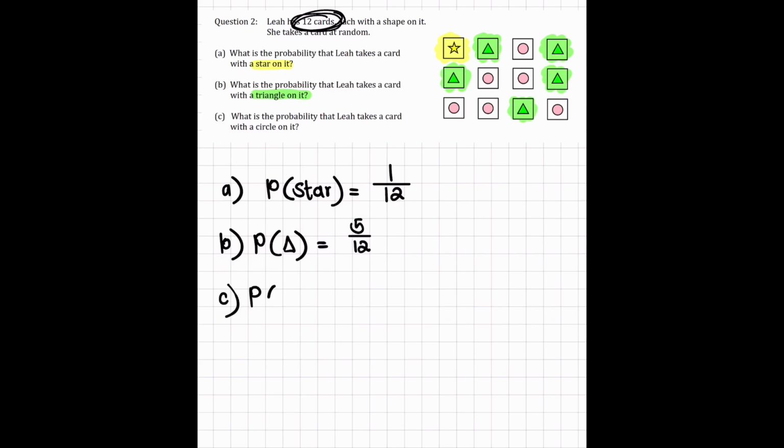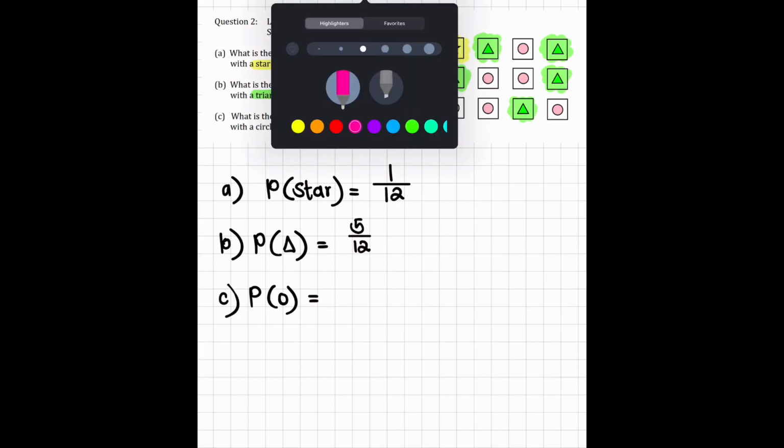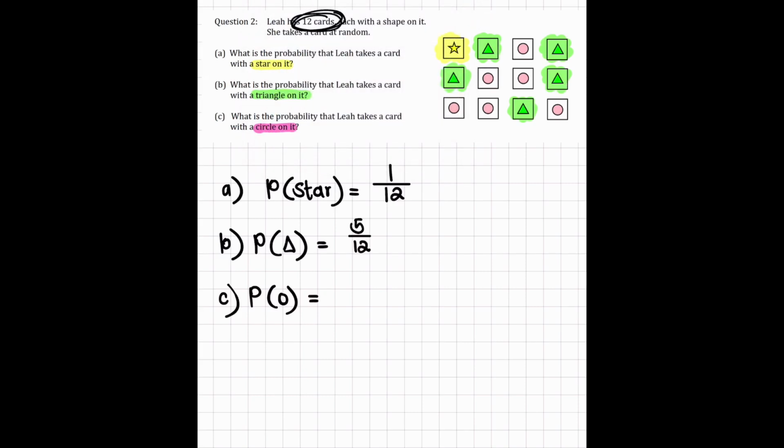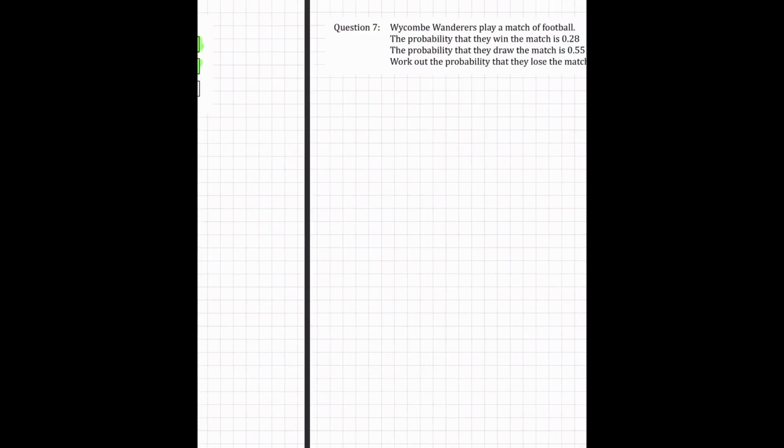And what is the probability of it having a circle on it? Now if we're looking for the circles, we have 1, 2, 3, 4, 5, 6 of these cards that have circles on them, out of, how many cards are there in total? 12. And 6 goes into 6 once, 6 goes into 12 2 times. So there's a 1 out of 2 chance of drawing a circle.